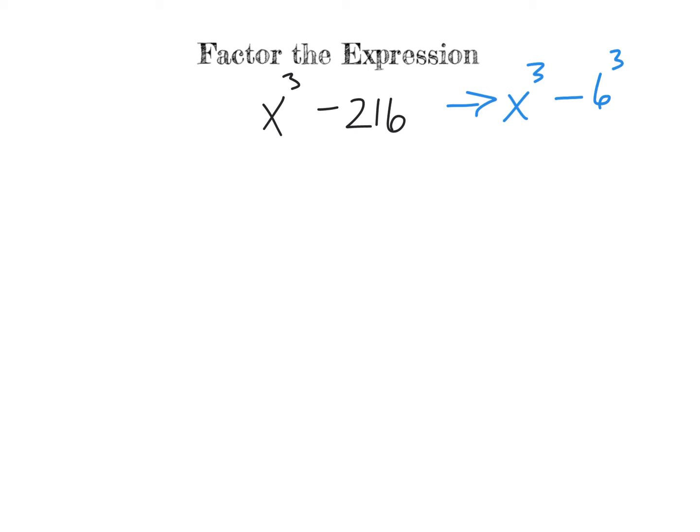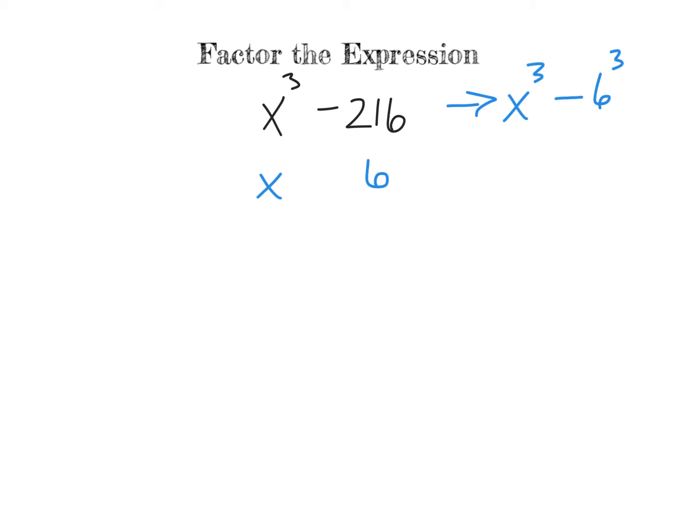If I look at my list from the previous slide, I have x to the 3rd power, and 6 times 6 times 6 gives me 216. So knowing that the cube roots of these 2 terms are x and 6 is very important. These 2 terms, the x and the 6, are what's going to help me identify and set up the factors of what's coming next.